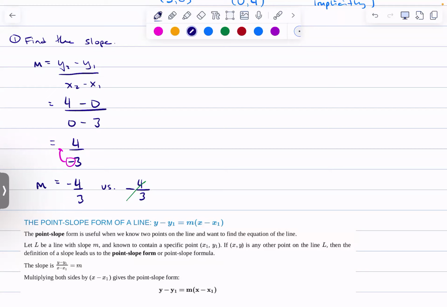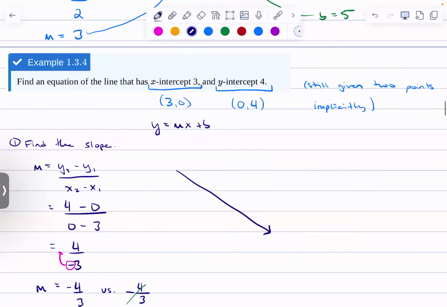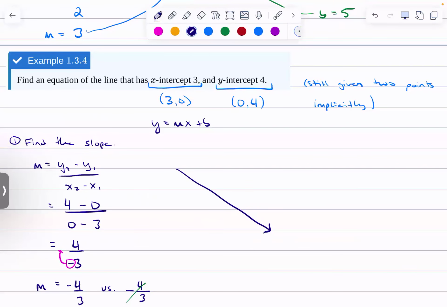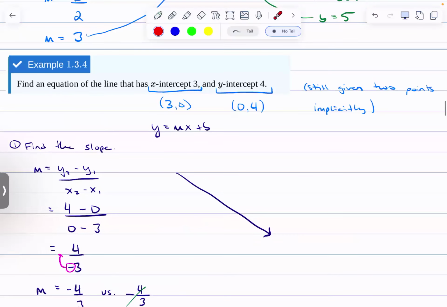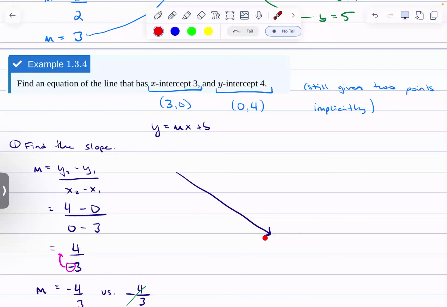A negative slope looks like what? Looks like this, right, from last day. Which if we imagine, I've got an x-intercept out at 3 when y is 0 and a y-intercept at 4 when x is 0, then if I connect those dots, I am expecting a negative slope. So a negative slope makes sense.